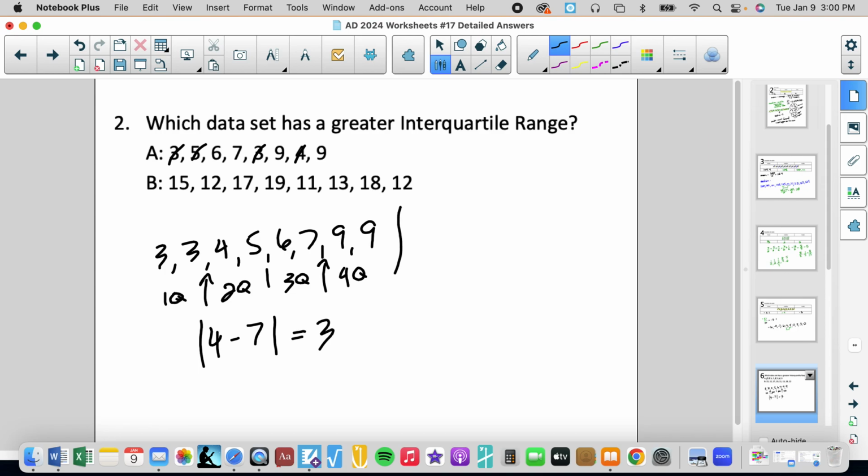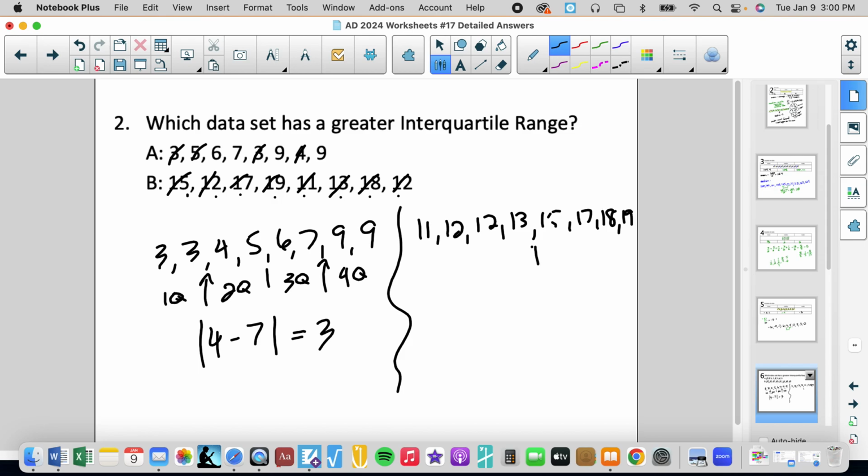And then if we do the other set, so we have 11, 12, 12, 13, 15, 17, 18, and 19. So we have 1, 2, 3, 4, 5, 6, 7, 8 again. So this is 50%. Here's my other quartile.